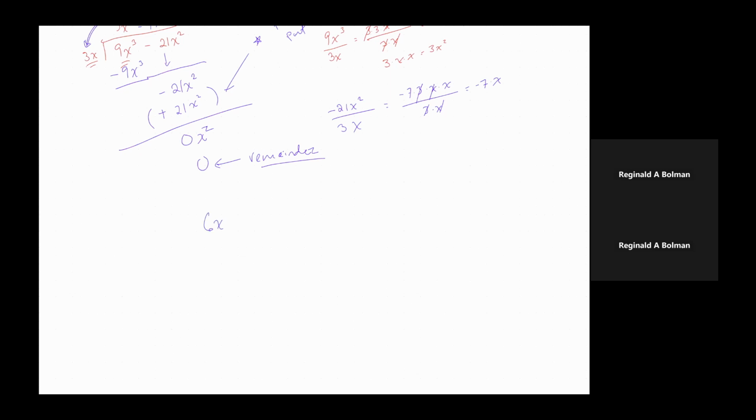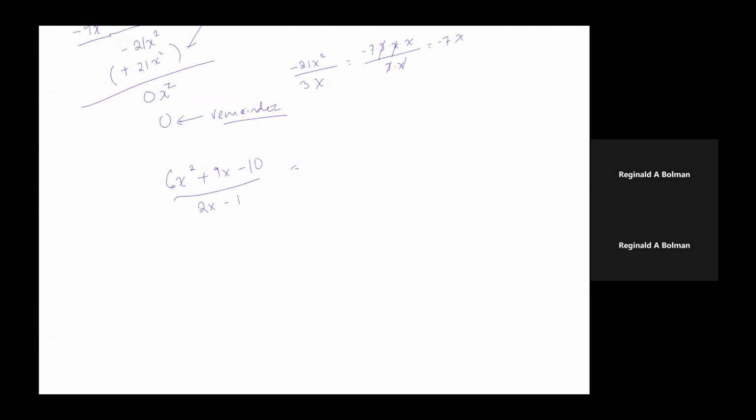If you take, for example, 6x squared plus 9x minus 10, and we're dividing it by, say, 2x minus 1, there's no guarantee that we would necessarily be able to divide the numerator by the denominator. There's not any guarantee that we'd actually be able to perform this polynomial division operation.